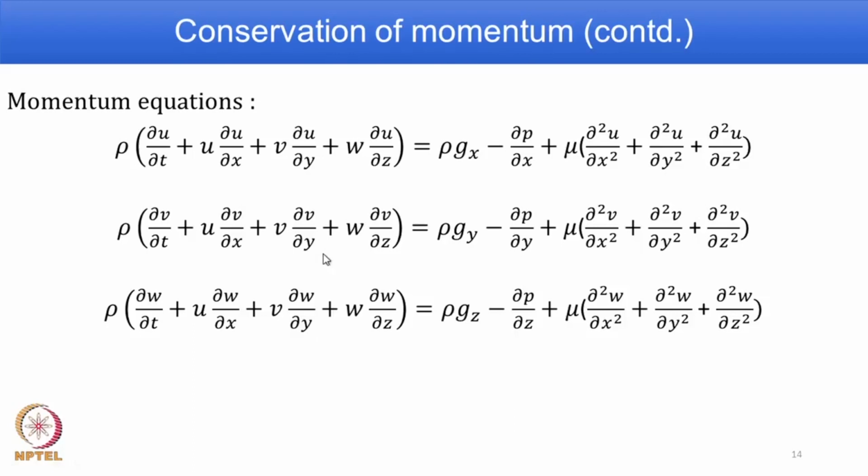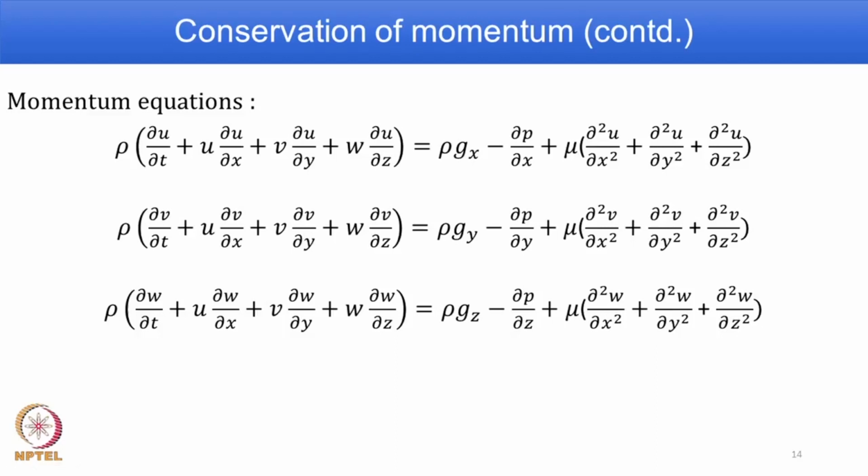Now, you see the advantage of writing in vector form and in scalar form. In vector form these three equations with so many terms are written elegantly in one simple equation with only two terms, whereas in scalar form you are able to write in detail and one can actually locate what component is responsible for what.